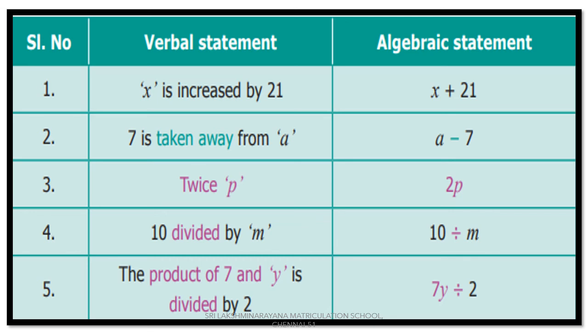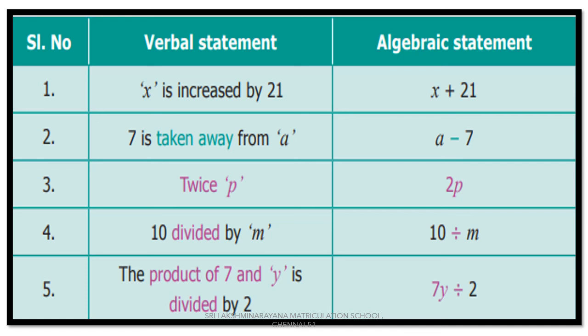Children, do you remember what you have to do if from is given in subtraction? You write a as the first number and 7 as the second number. So, a minus 7. Third one, twice p. Twice means 2 times. So, it is 2p. And the fourth one, 10 divided by m. We can write it as 10 with the division sign m.